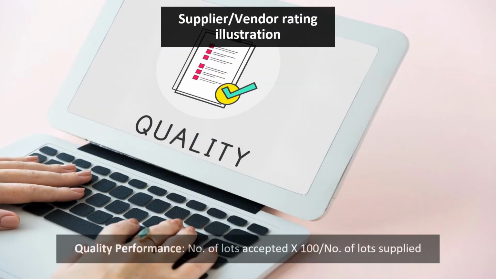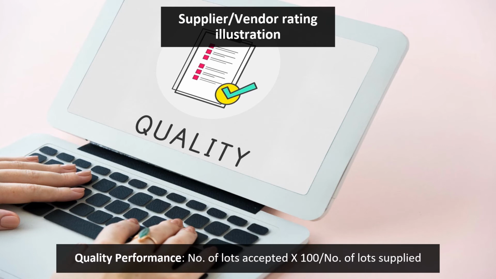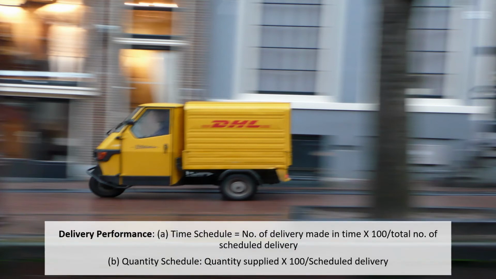there is a simple formula which can be used for illustration purposes. Quality performance can be judged by the number of lots accepted multiplied by 100 upon the number of lots supplied. Similarly, delivery performance can be identified for a supplier based on the time schedule as well as the quantity schedule.